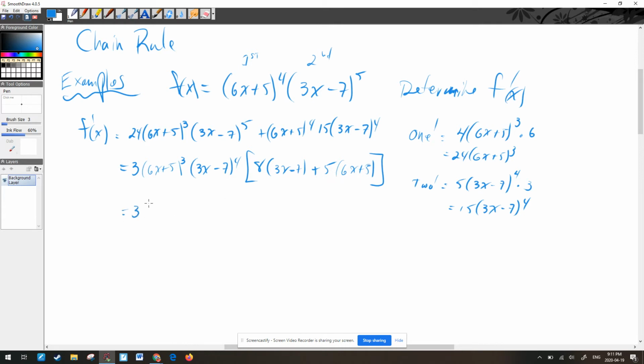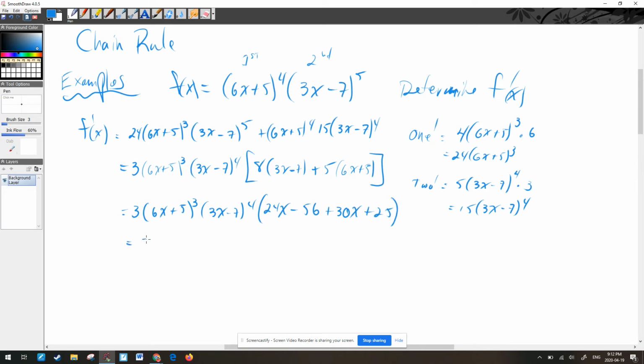So we're going to have 3 bracket 6x plus 5 cubed times 3x minus 7 to the fourth. And I'm going to distribute and do some simplification here. So we're going to get 24x minus 56 plus 30x plus 25. Most of the way there.